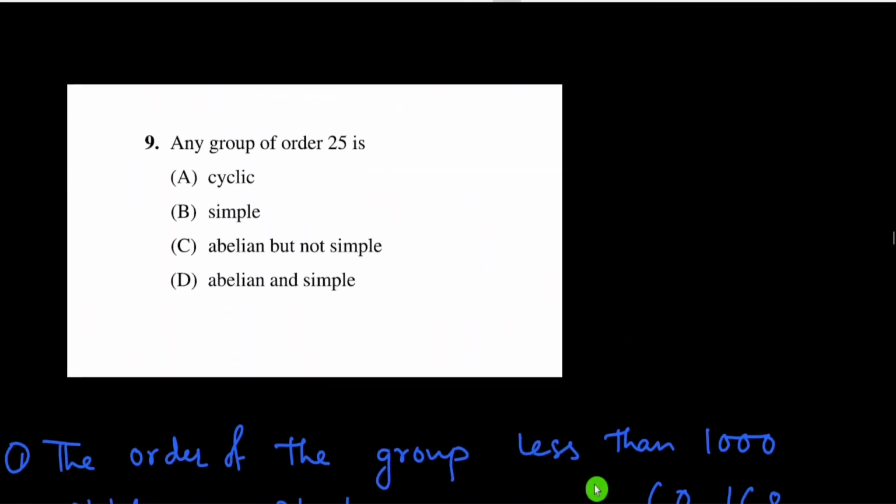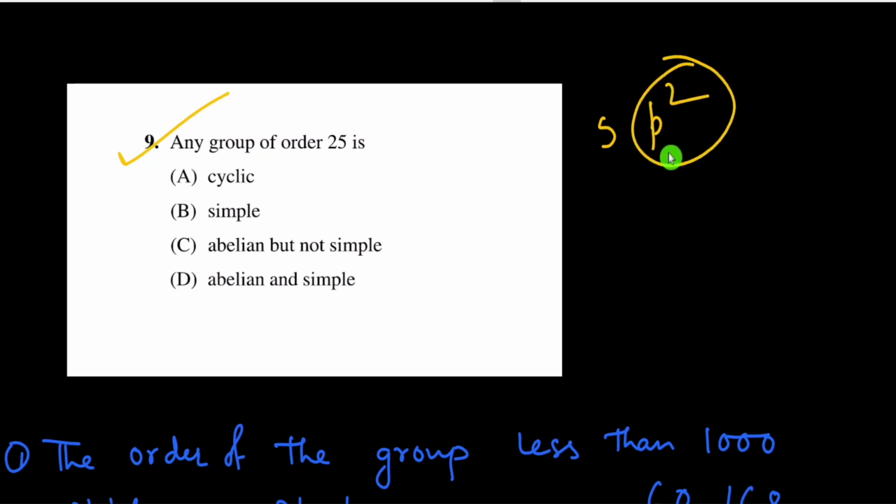Now the next question, question number 9: any group of order 25 is. First we apply here that any group of order p square, where p is a prime number, is an abelian group. Therefore this group of order 25, here p equal to 5, is an abelian group.